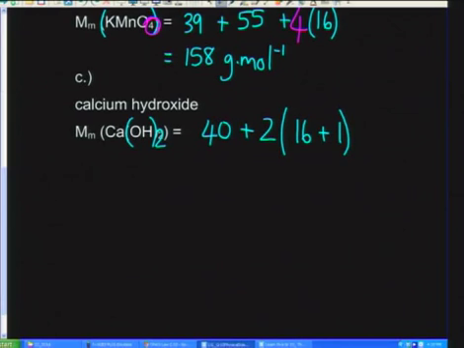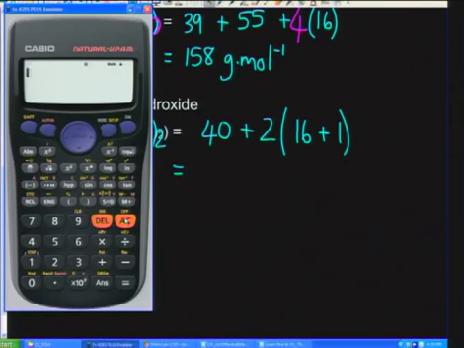Okay, let's work through this. That's 2 times 17. Where's our calculator? If you'd prefer, 16 plus 1 is equal to 17.